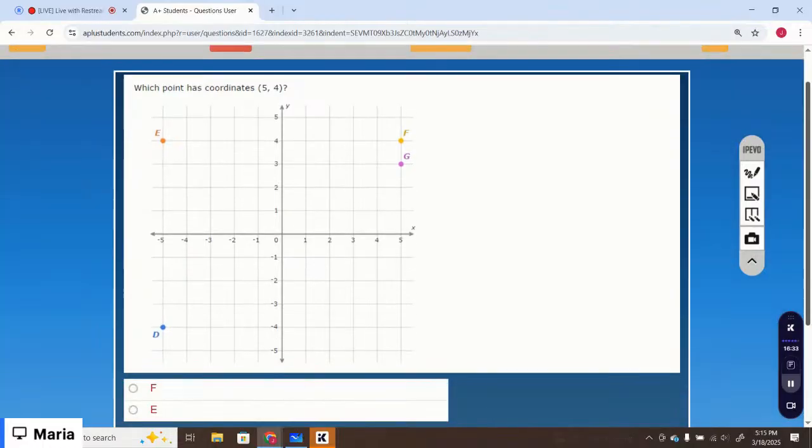Which point has the coordinate 5 and 4? So which is the correct option? X is 5 and y is 4.